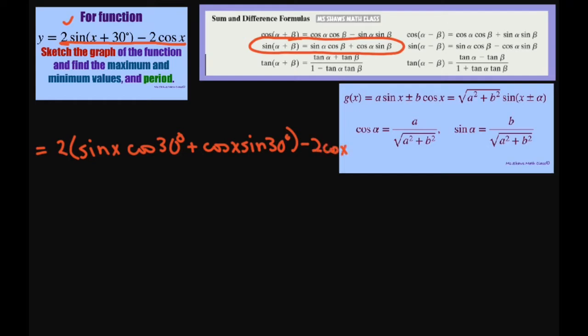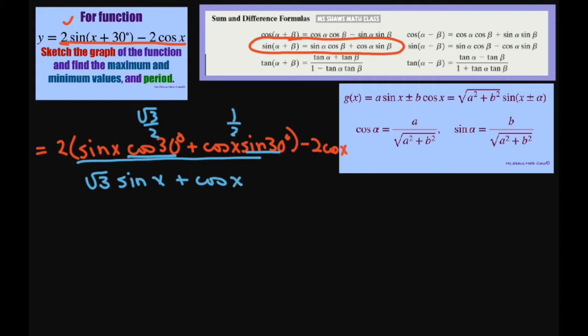Now simplifying this piece, cosine of 30 degrees is square root of 3 divided by 2, and the 2's cancel out, so that's just going to be square root of 3 sine of x. And then plus sine of 30 degrees is 1/2, so that's just going to equal cosine of x.